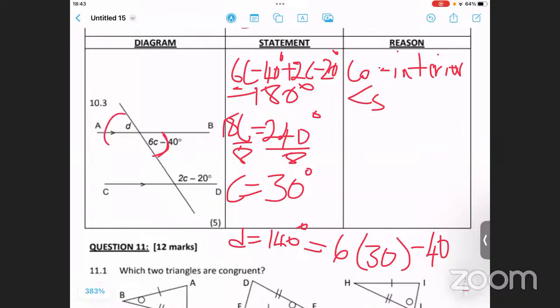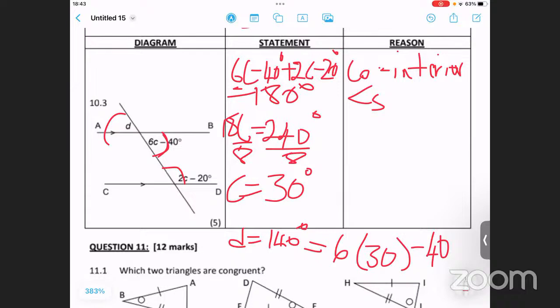And to get the value of C, you have to work with these two angles beside you. They're co-interior angles, and co-interior angles add up to 180 degrees, right? 6C minus 40 degrees plus 2C minus 20 is equal to 180.